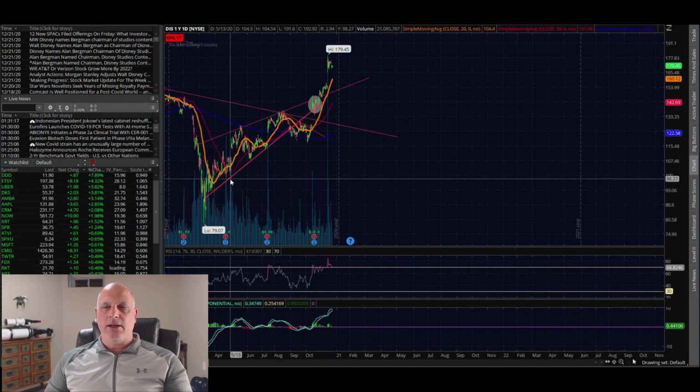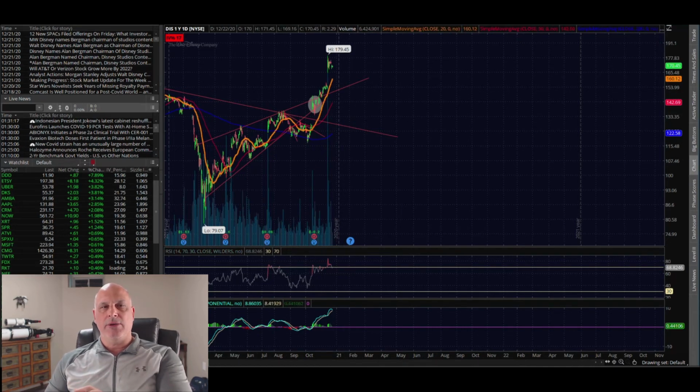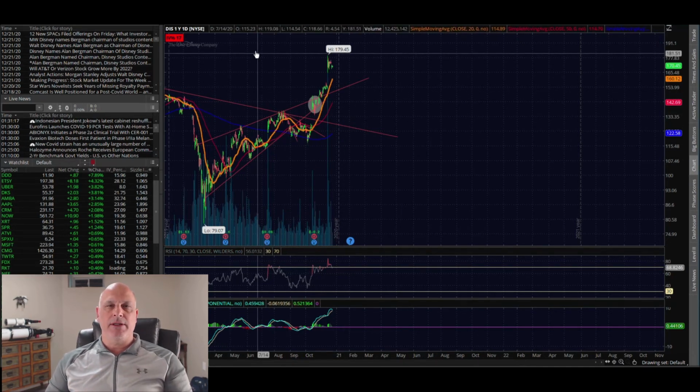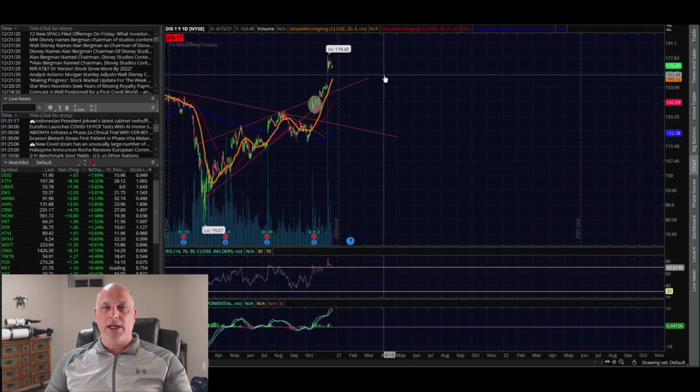Disney was trading down at the 100 level, and I had placed a trade back in May for January, which was a long way out, but this was just one strategy where I played that unbalanced call butterfly. You see, I was actually targeting the 150 area, which is right around here.